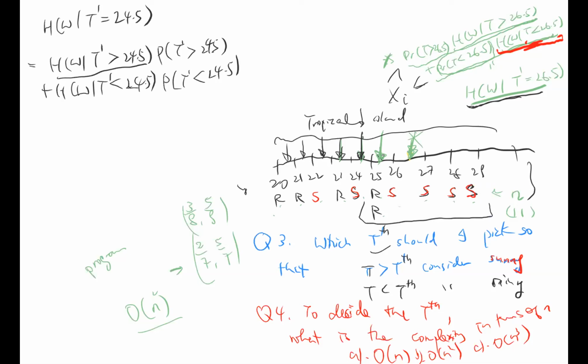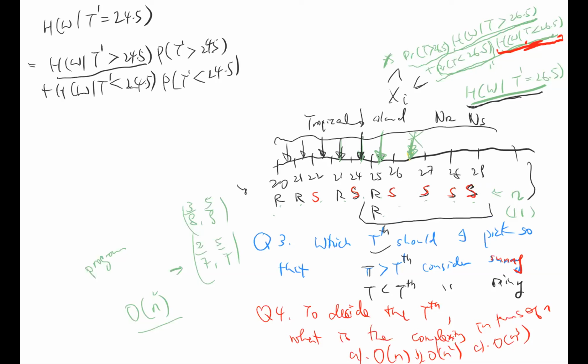How many days are rainy, right? So let's say I can store this information. Number of rainy is say NR, and number of sunny is NS.